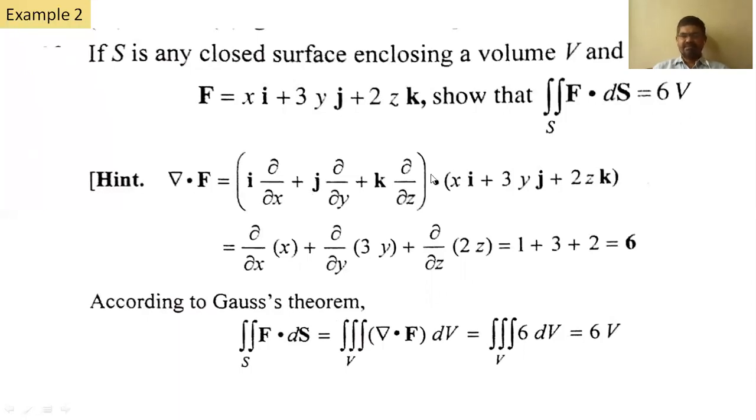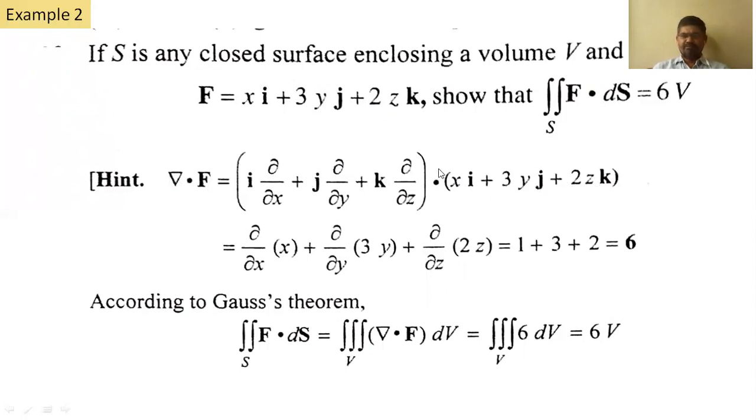So this is very similar to the previous problem. Now let us calculate del bar dot F bar. That equals del bar, that is i ∂/∂x plus j ∂/∂y plus k ∂/∂z, dot the field xi plus 3yj plus 2zk.